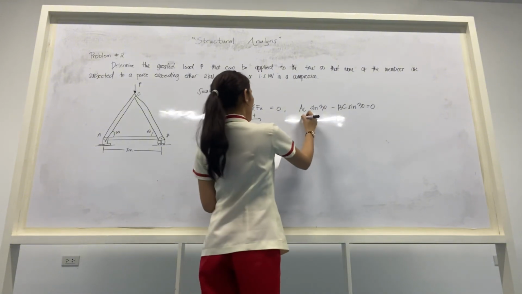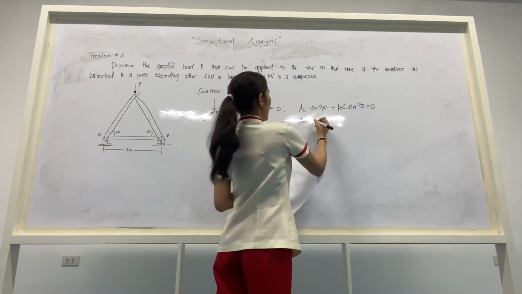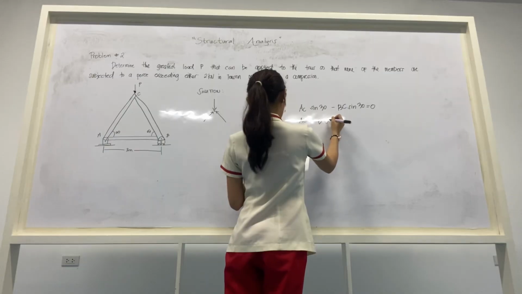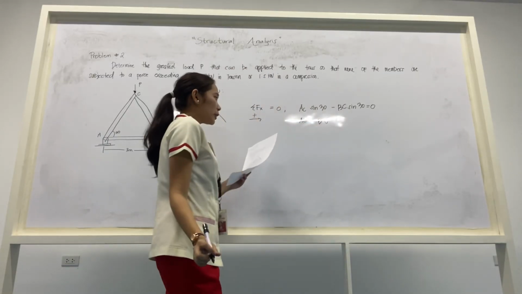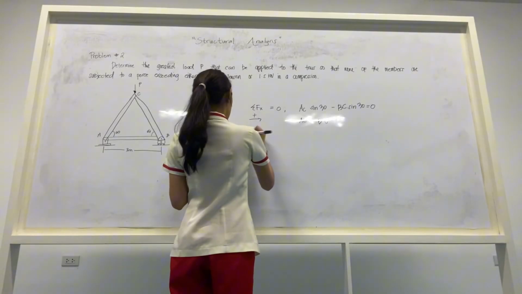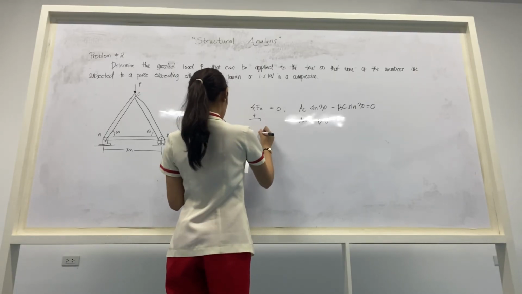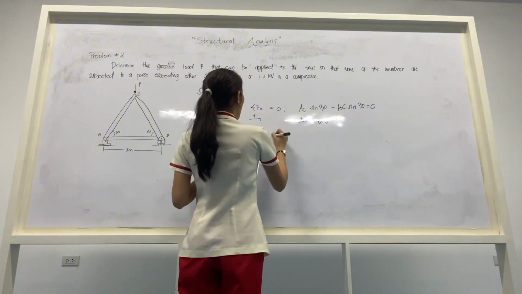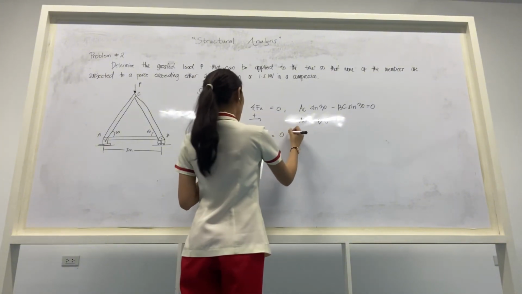So our AC is equal to DC. Then the vertical summation of Fy is equal to 0.